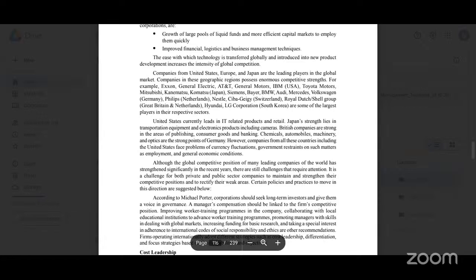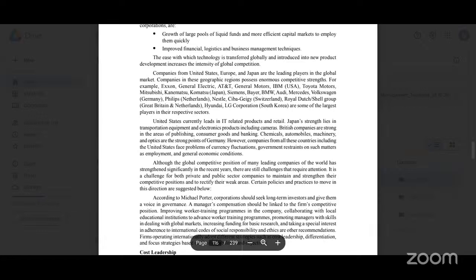So companies from United States, Europe, Japan, they are the leading players in a global market, largely. For example, we take companies like Exxon or General Electric, AT&T, General Motors, IBM USA, Toyota, Mitsubishi, and so forth.